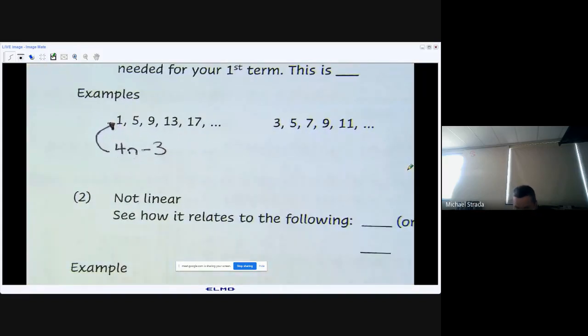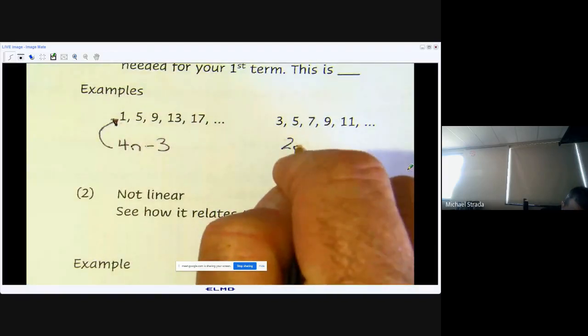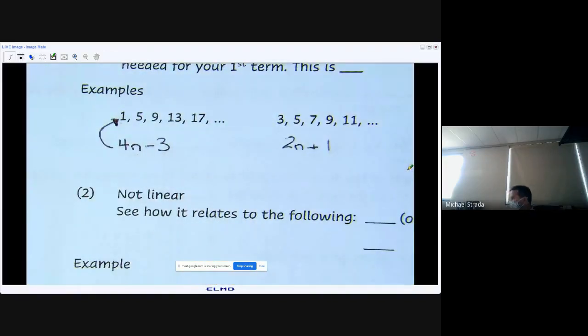Take about 22 seconds to do the next one. Everybody good with 2n plus 1?